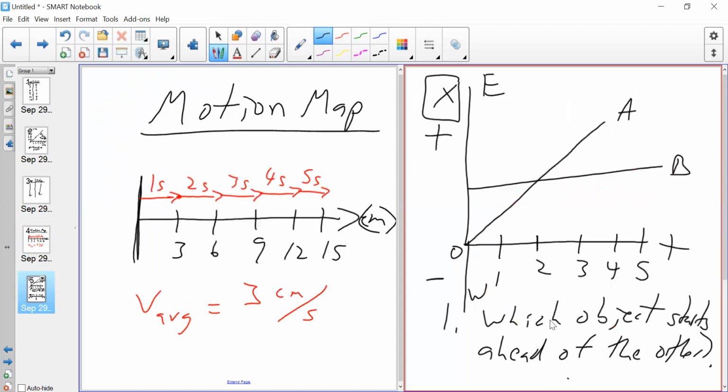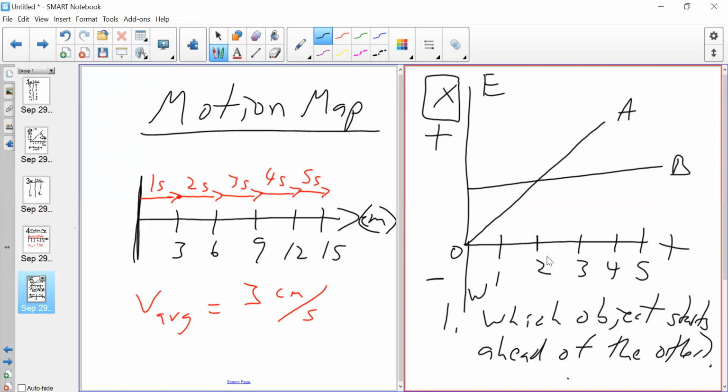All right, and then these best fit lines of position versus time, or velocities really, you can use this to answer certain questions like, okay, which object starts ahead of the other one? We said object B. When did they actually meet?